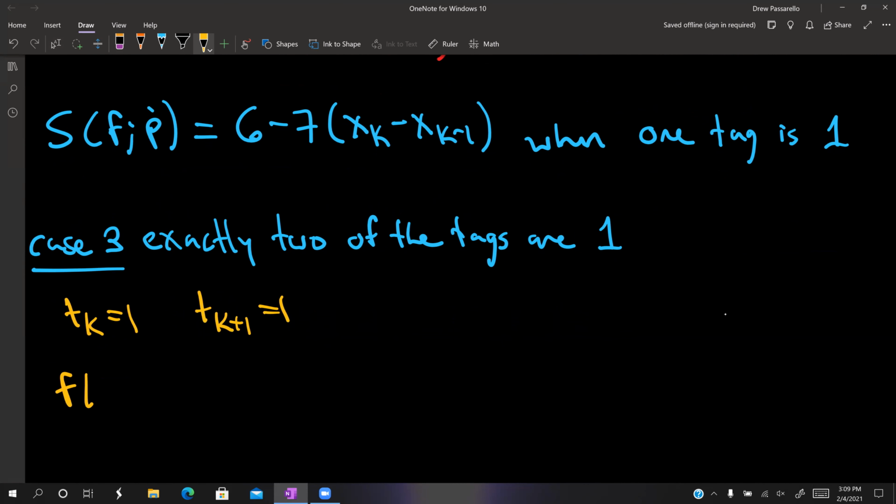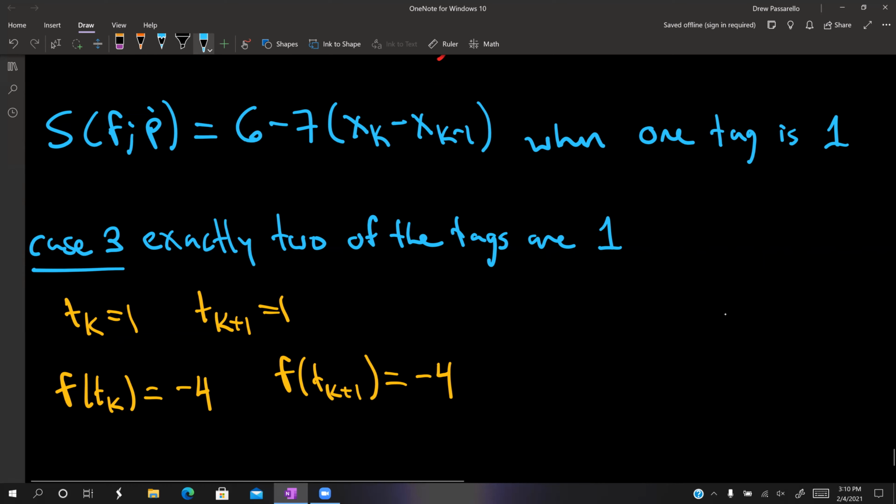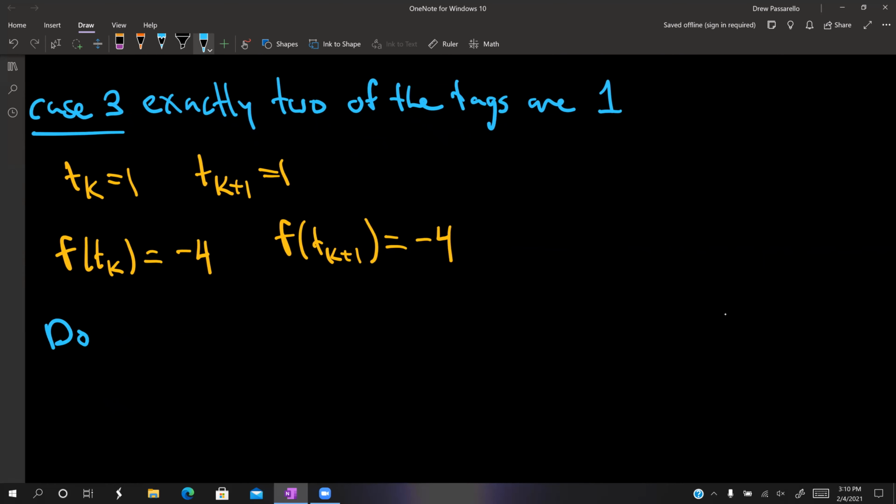That means f of tk is -4, and f of tk plus 1 is also -4. You can do the same argument as above.